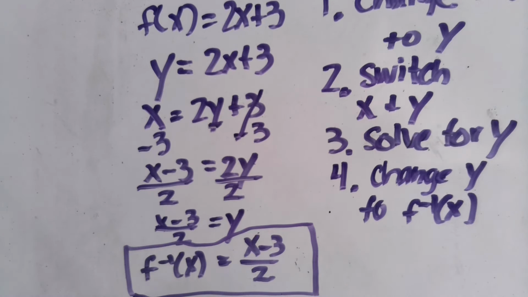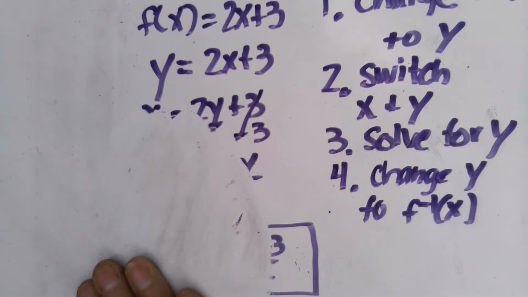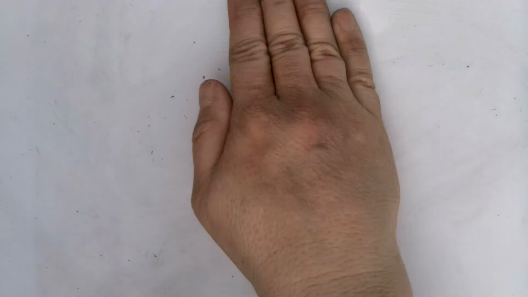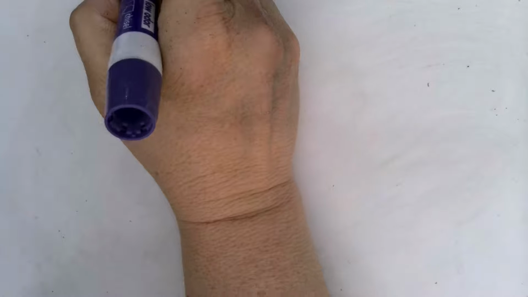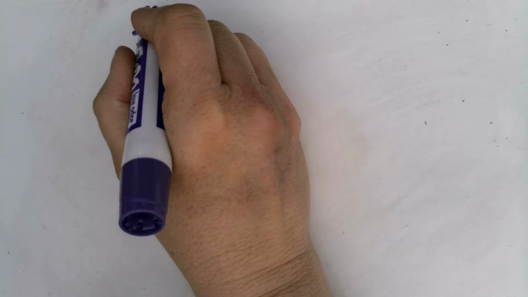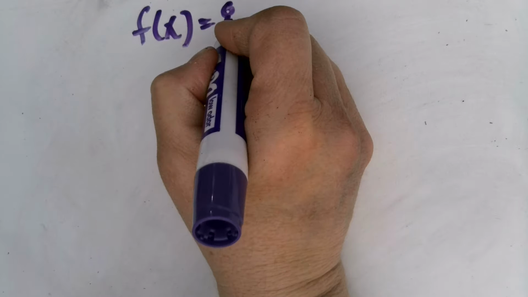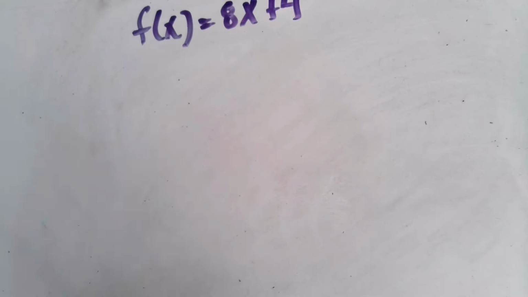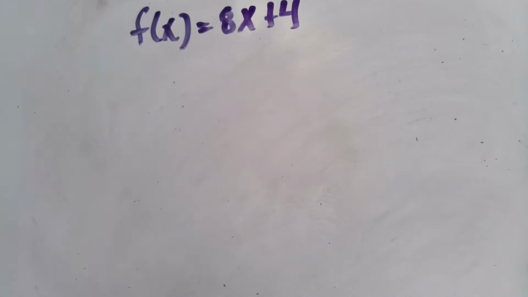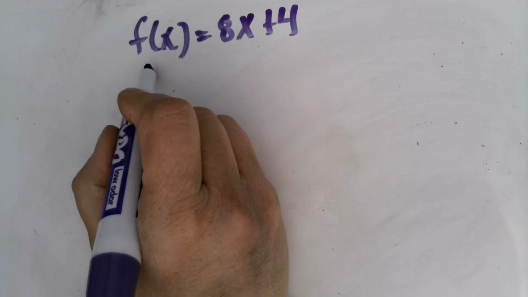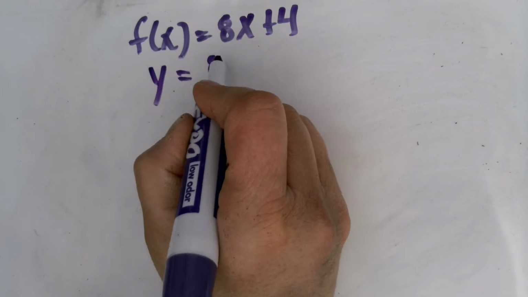So let's try another one. Similar. So we're going to start with f of x equals 8x plus 4. You should be looking at your notes and know the first step is to change this to a y.